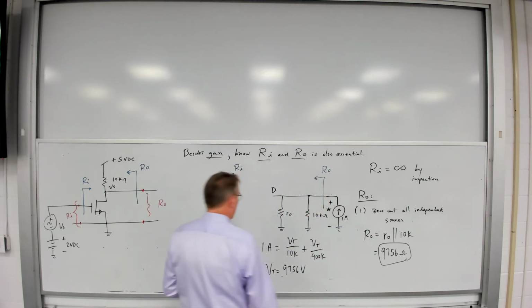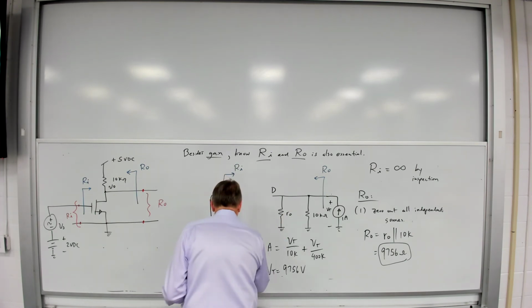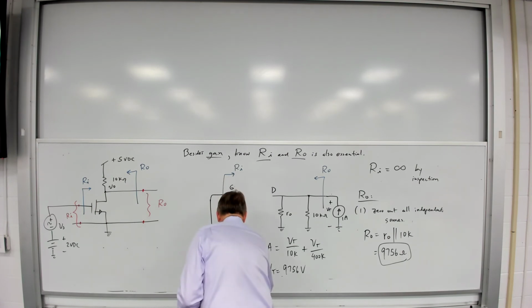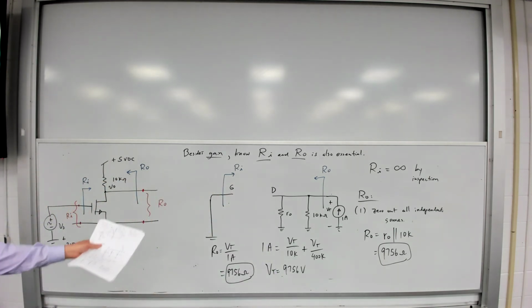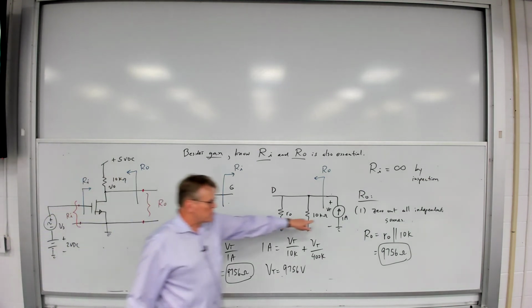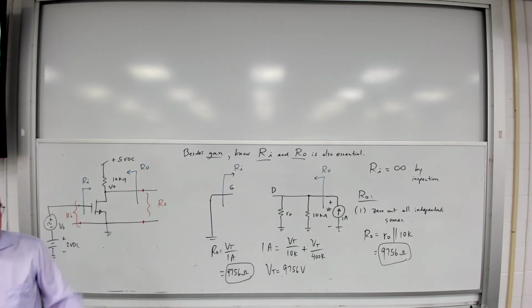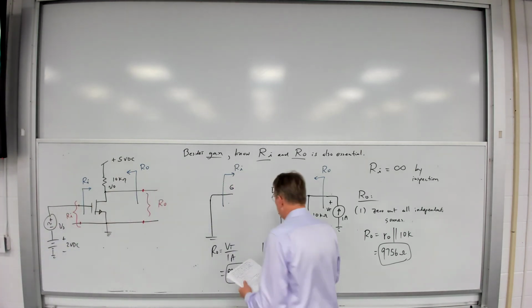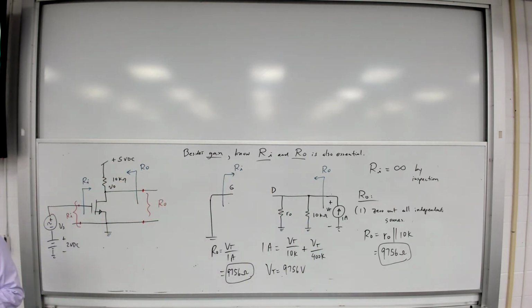And therefore, RO is just equal to VT over 1 amp, which is 9,756 ohms. So I could use the source driving technique and I get the same answer. But in this case, just by inspection, you can tell it's just 2 resistors in parallel. In other problems, you'll have to use the source driving technique because there'll be dependent sources. You can't zero them out. You can't ignore them. So you've got to use nodal analysis and use source driving. All right? Questions about this? All right.